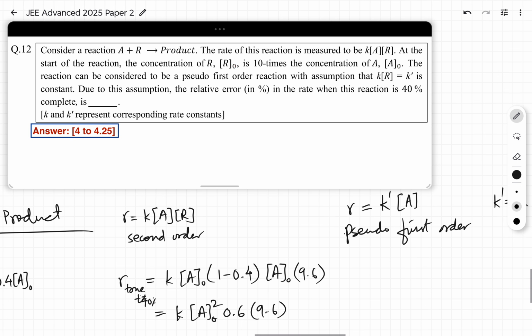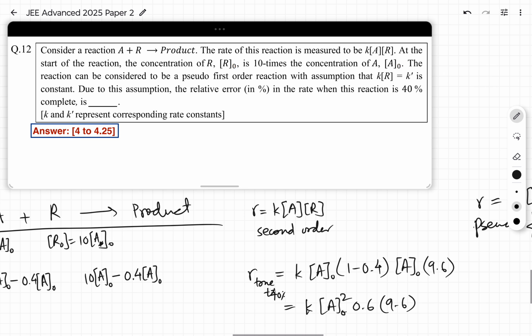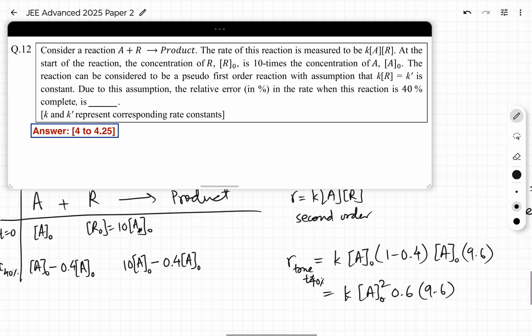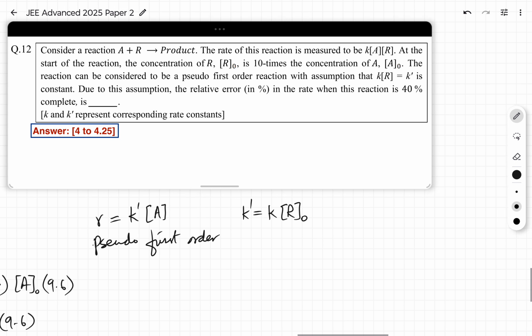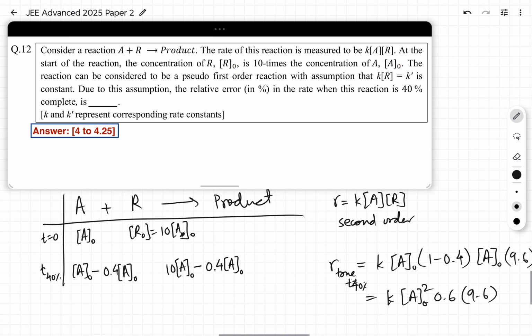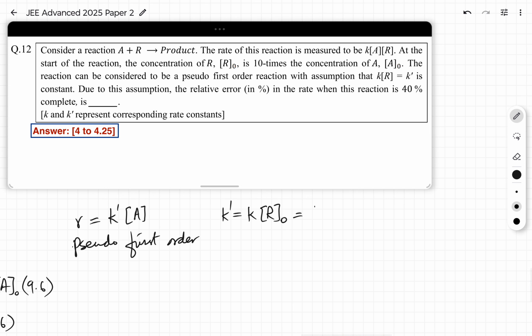And the whole idea behind pseudo nth order reactions is that it's a mathematical trick. We are hiding the variable, assuming it is a constant because it is not changing much. And if we want to represent everything in terms of A naught, this is K 10 A naught.